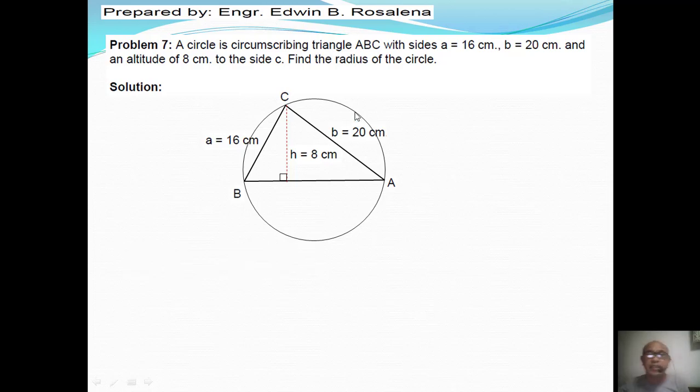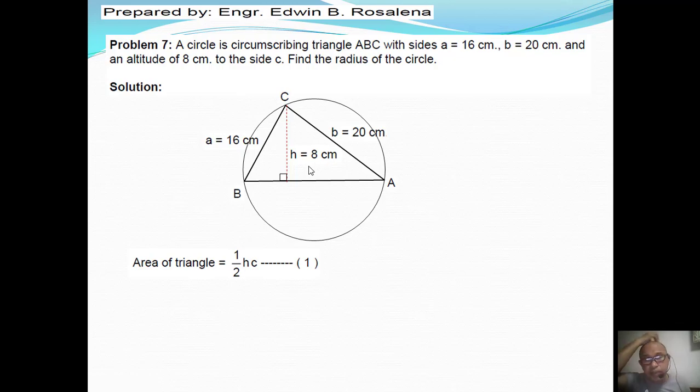So notice that if we use the side C and the altitude H, I can solve for the area of the triangle, and that is equal to 1/2 H times C. So area of the triangle is equal to 1/2 this side C as the base times the altitude H equal to 8.